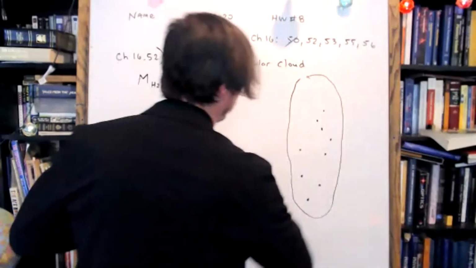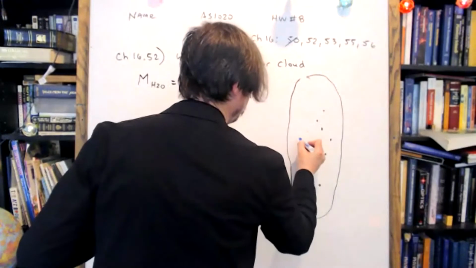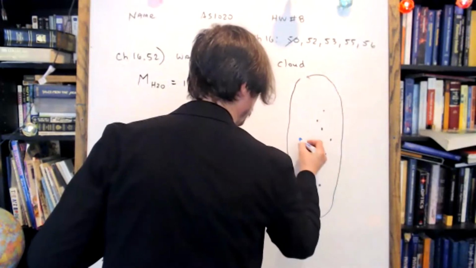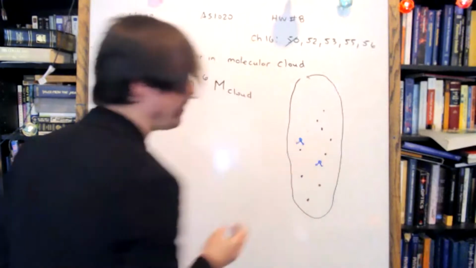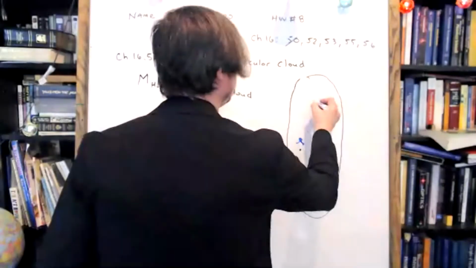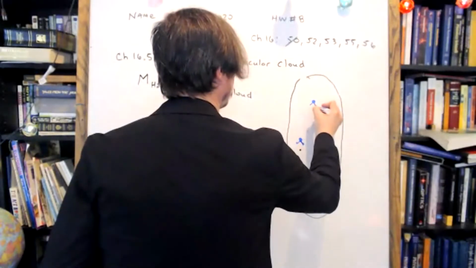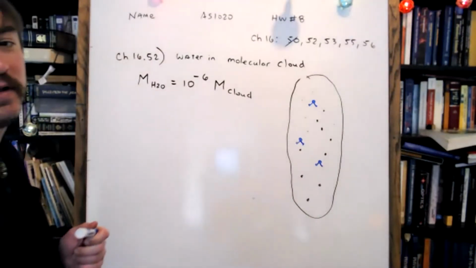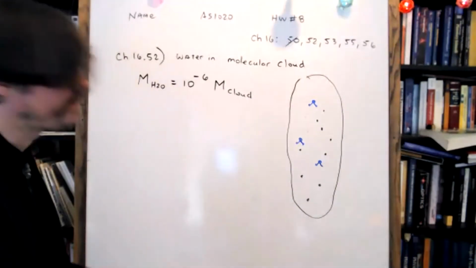And I'm just going to put 1 or 2 blue dots. Actually, maybe I'll make them look like little water molecules, because water is H2O. So I'll put a couple of water molecules in there. They look like a little bunch of cherries or something, okay? All right, keep going.